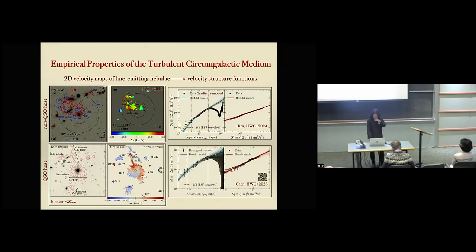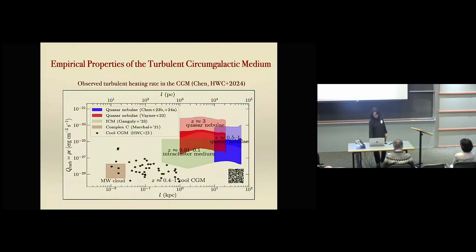So again, there are many systematics when it comes to observational techniques. What you see here just addresses two of those. One is the PSF smoothing. That's why the power law seems to be curved. And another one is bulk flow contamination that adds power to the velocity structure function measurement. But we have attempted to remove these factors and still we recover the Kolmogorov relation.